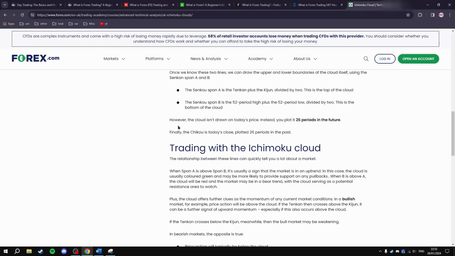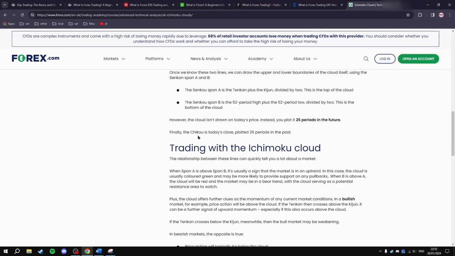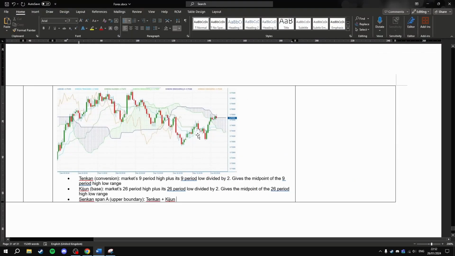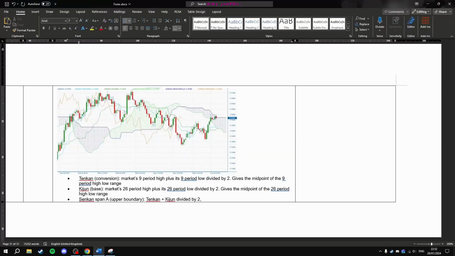Senkou Span A is the Tenkan plus the Kijun, divided by 2. This is the top of the cloud.